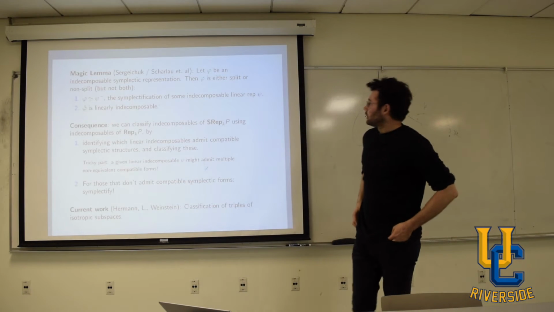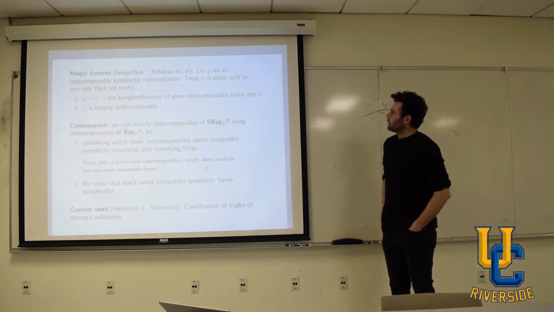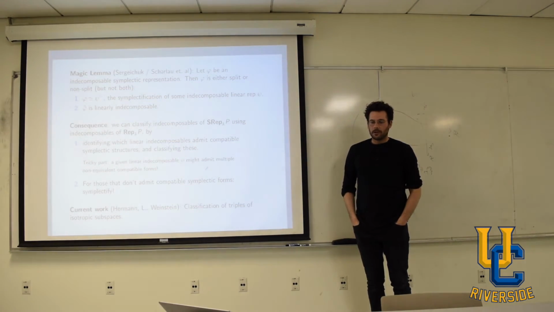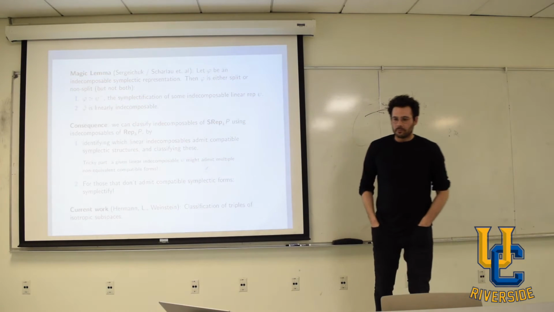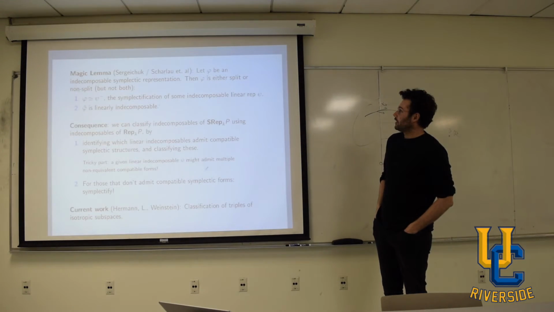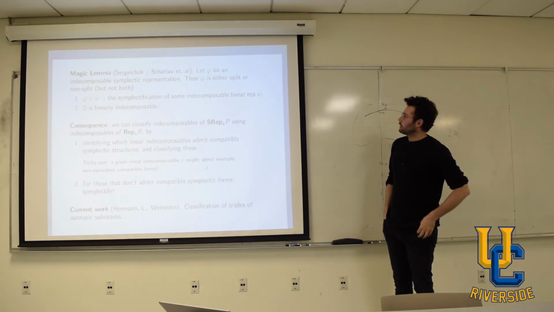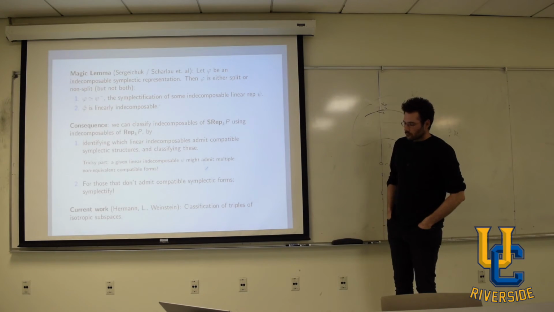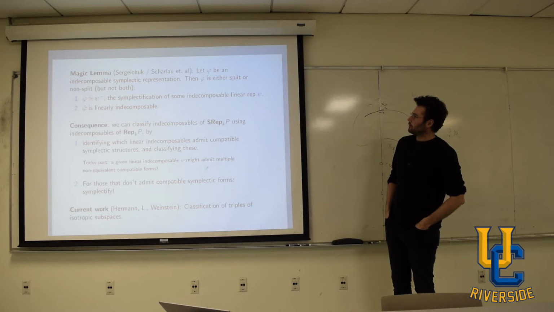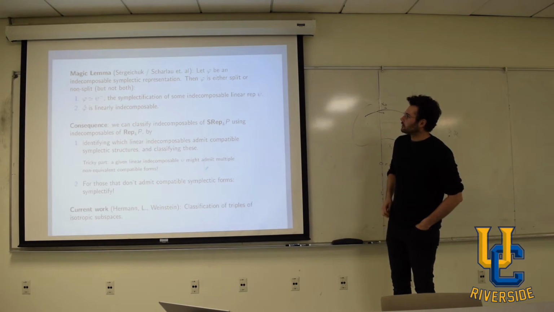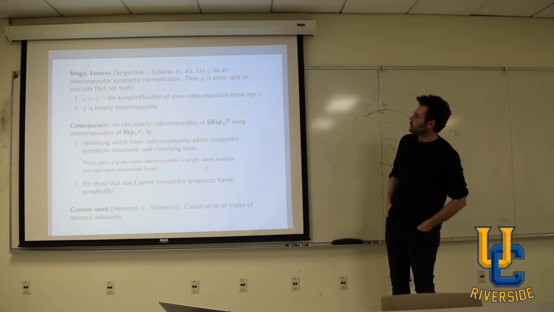Okay, so this is what I call the magic lemma, because it's good news that split and non-split are the only two things that can happen. That's the statement of the lemma. And the proof is sort of magical, and this is something we found in two different places and used for our situation.